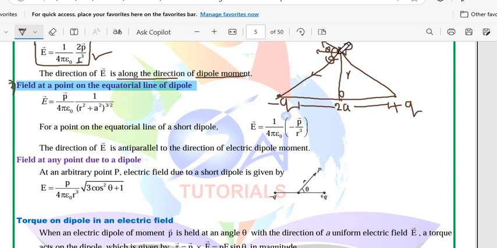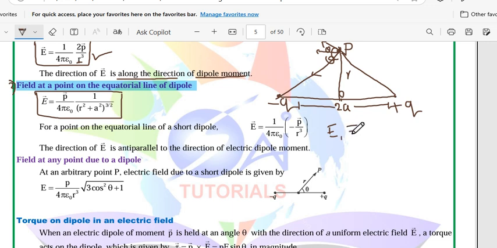That is perpendicular to the point P. So this is actually the net electric field. This is the last important note to write down.